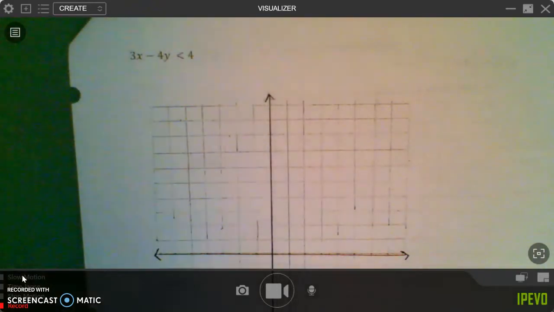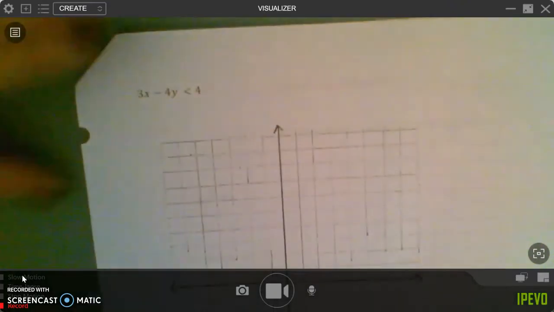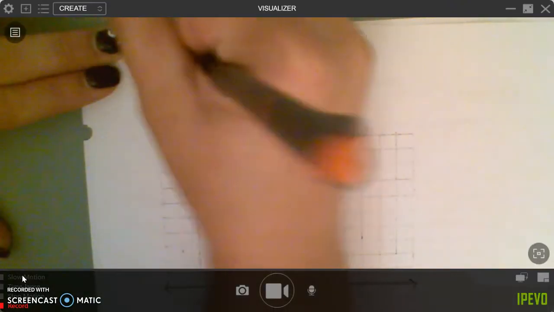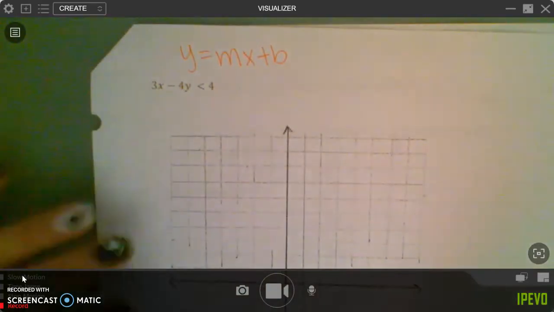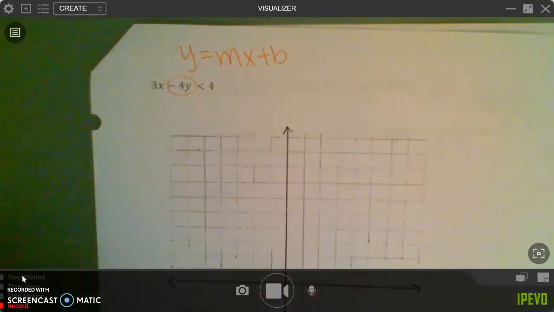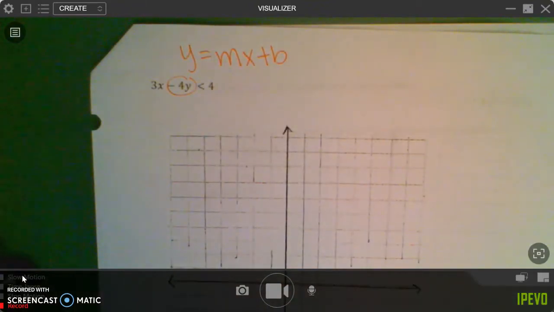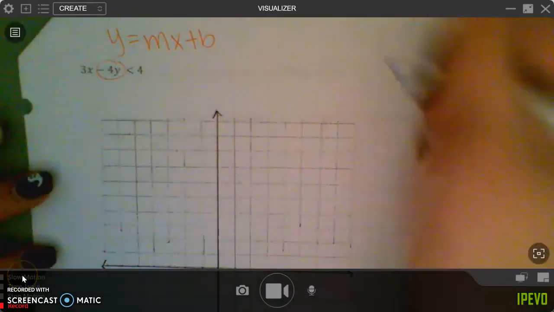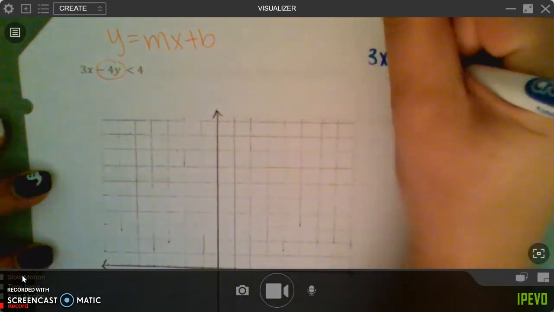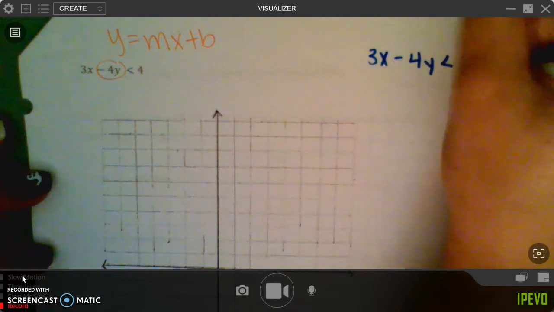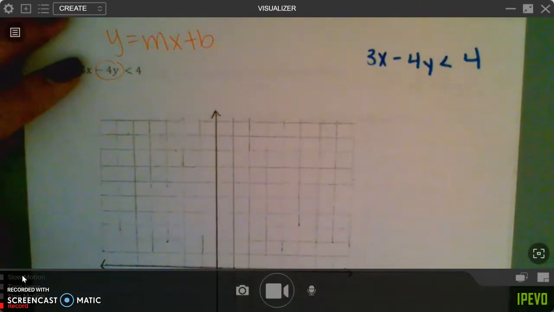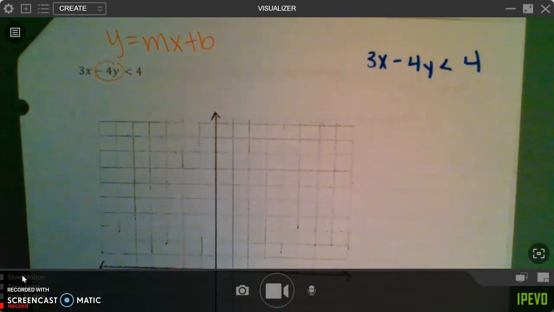Okay, this next equation is not in the proper form. Remember, it has to be y equals mx plus b, which means I need this y to be by itself. So I'm going to rewrite this equation on the right side just so I have more space. I need to solve for y.